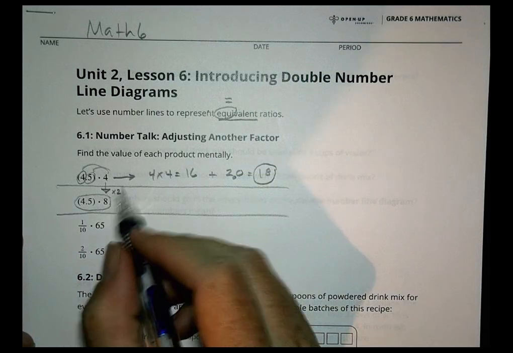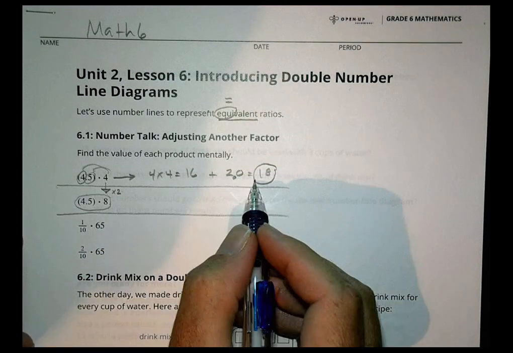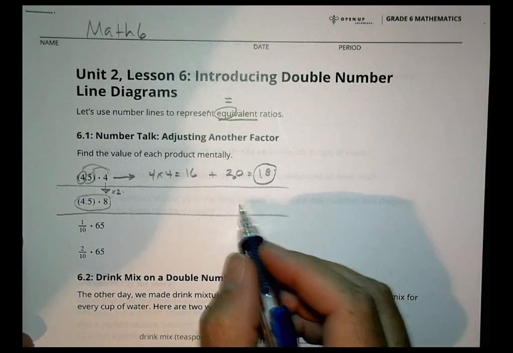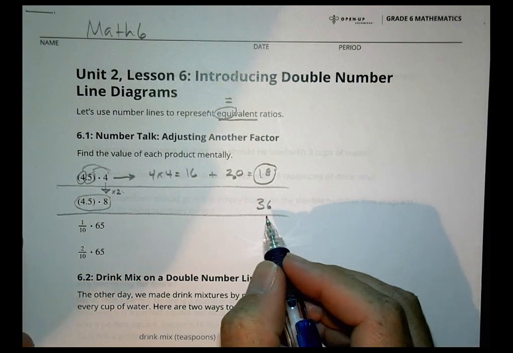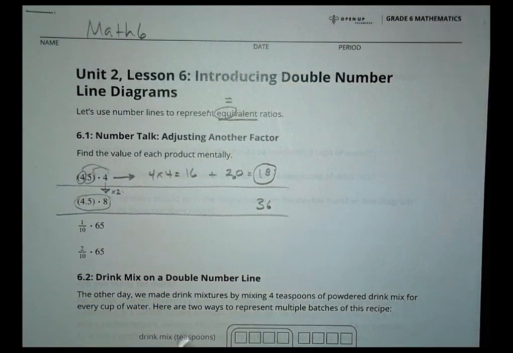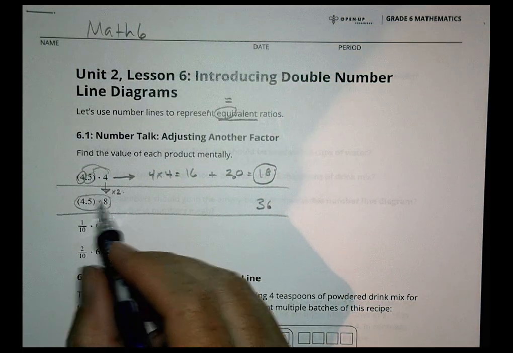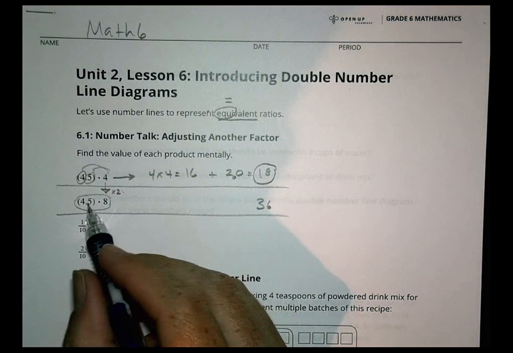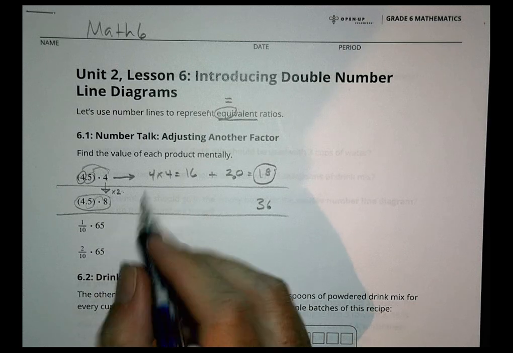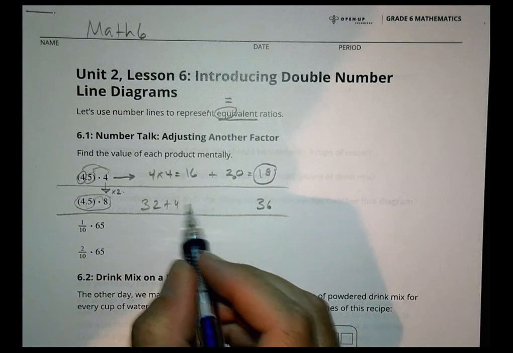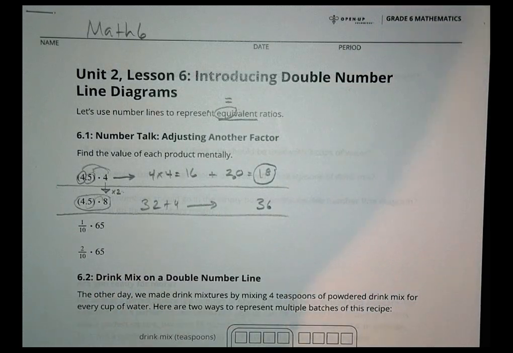I'm going to think about this being 18 times 2, which is 36. That's one way of thinking about it. If you wanted to think about it differently, you could think about 8 times 4 being 32, and then add half of 8, which is 4 more, so 32 plus 4 to get you to 36. Both would work.